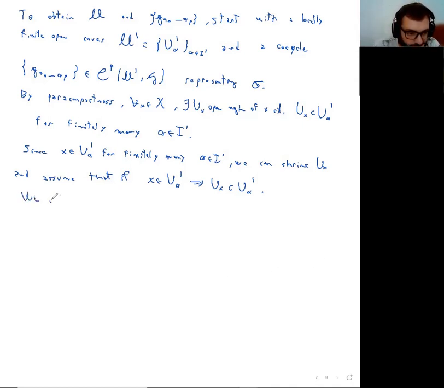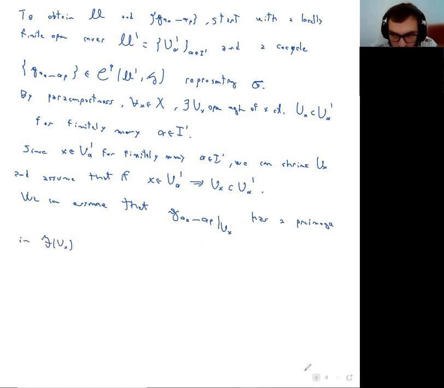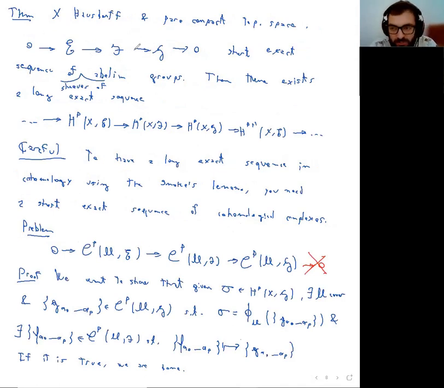And furthermore, we can assume that g alpha 0 alpha p, restricted to U_x, has a preimage in F(U_x). Why is that? Because we started with a short exact sequence of sheaves. Okay, so for small enough U, we do have exactness, because we do have exactness at the level of stalks, basically.